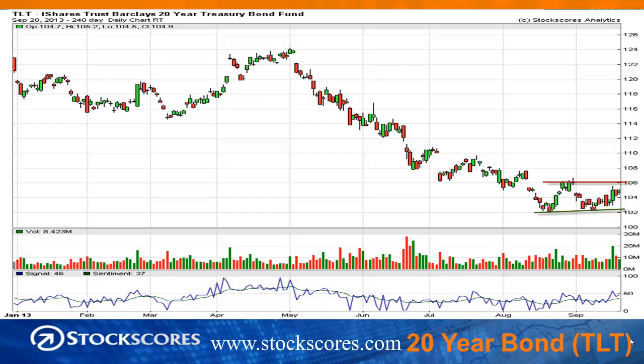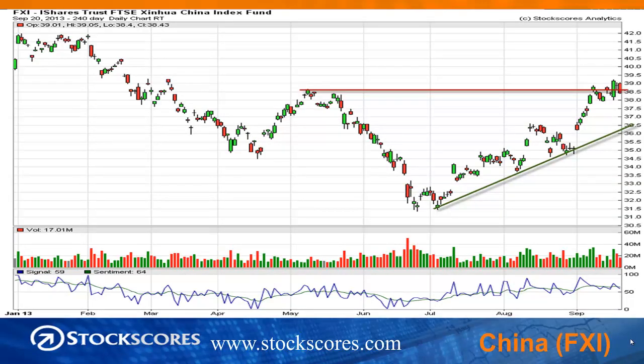That would imply that the buyers are coming back into Treasuries. I think that is likely to happen in the near term because the downward momentum is slowing, and it seems like the US Federal Reserve isn't going to stop printing money anytime soon, and that'll be positive for US Treasuries.